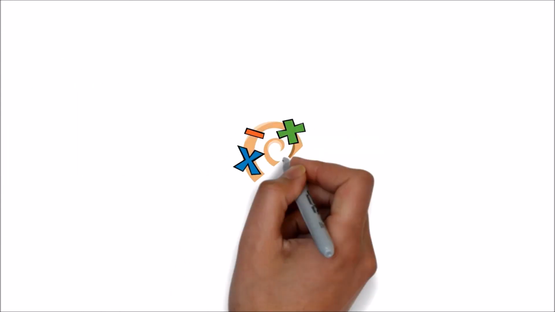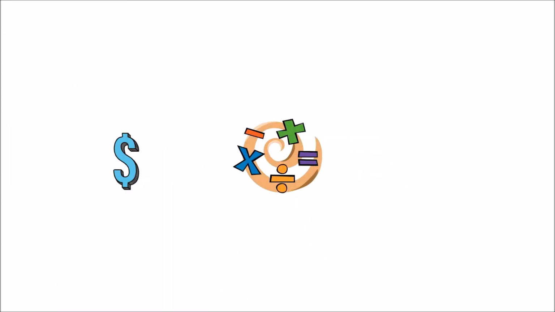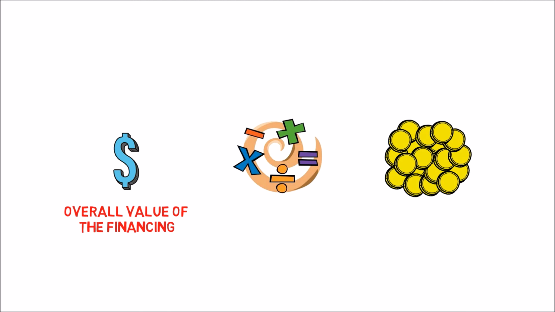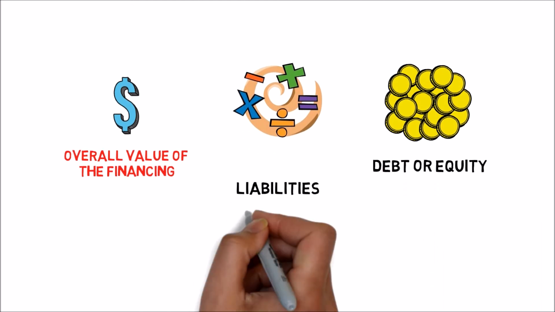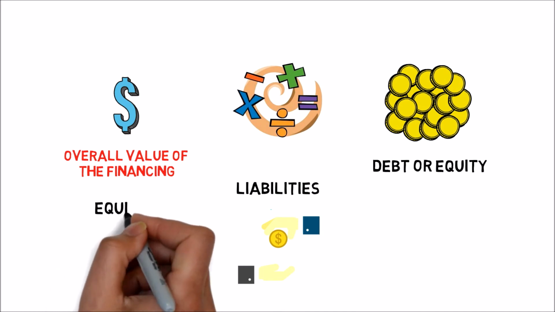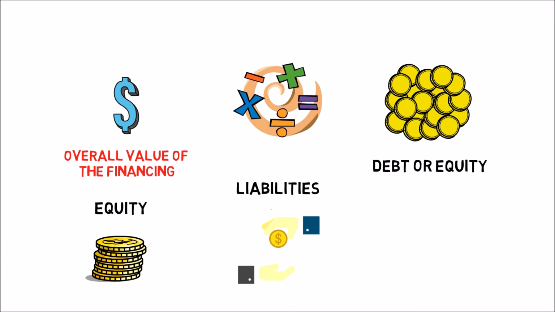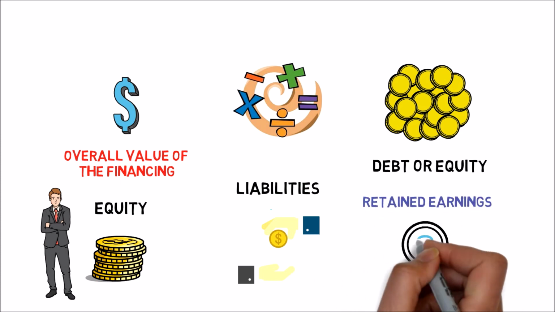The equation's other side represents the overall value of the financing used to acquire those assets. The method by which a company obtains capital is through debt or equity. Liabilities are debts that must be paid back, whereas equity represents the total value of money owed by the business to its shareholders, including retained earnings, which is profit generated in previous years.